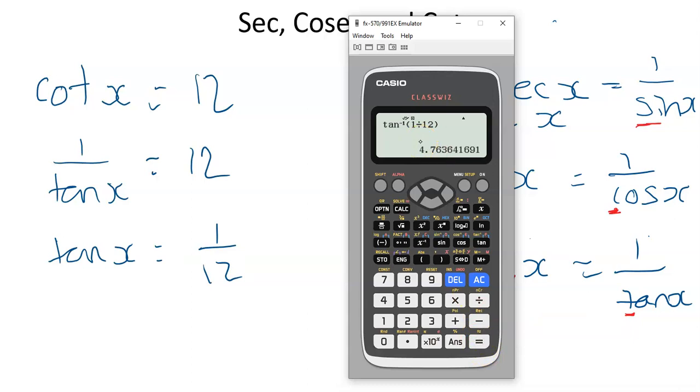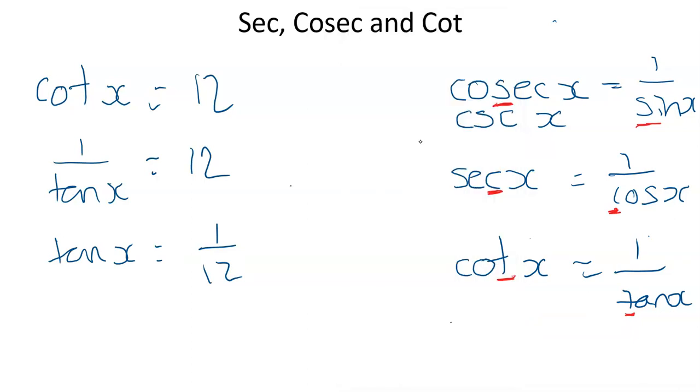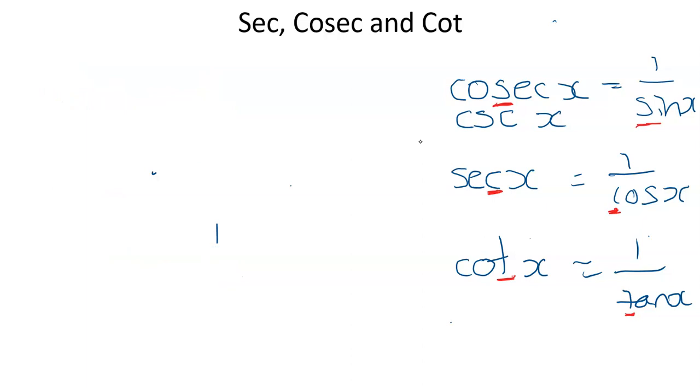So it's just the same sort of idea of solving trigonometry, but you've got this extra layer where you have to rearrange in order to solve the equation. Okay, so these functions are defined just as this reciprocal nature.